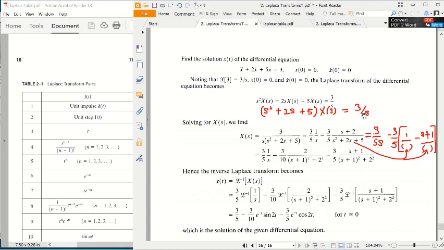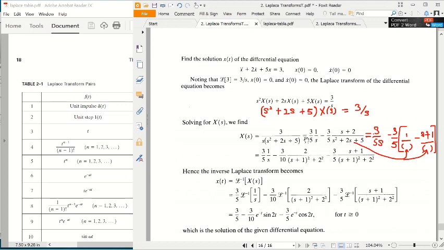Then X(s) will be equal to this part brought to that side. And then you solve this, but now you have a complex conjugate pair there, so that means we expect the sine and cosine solution.